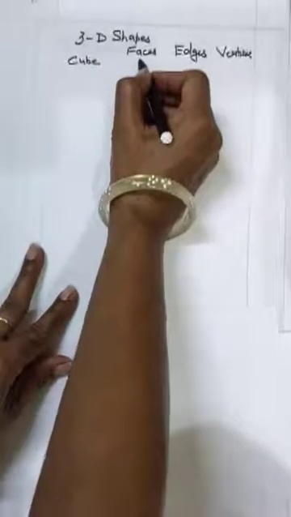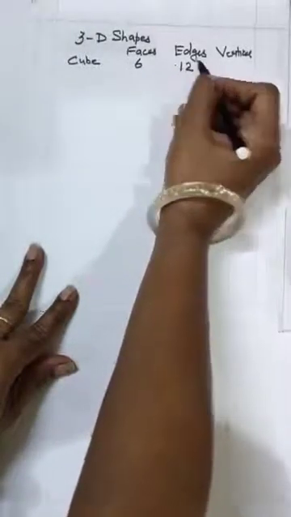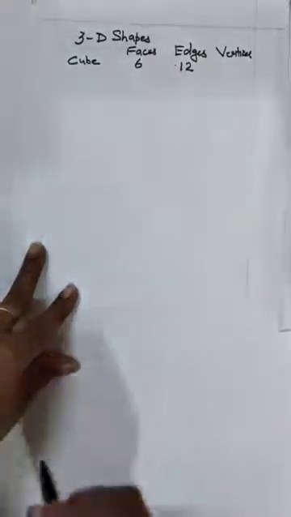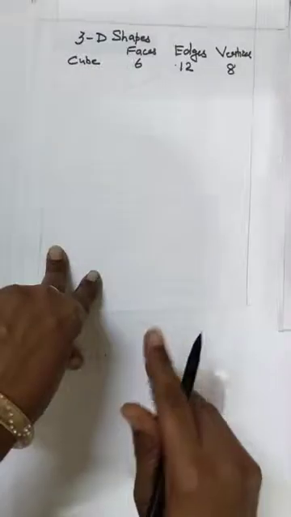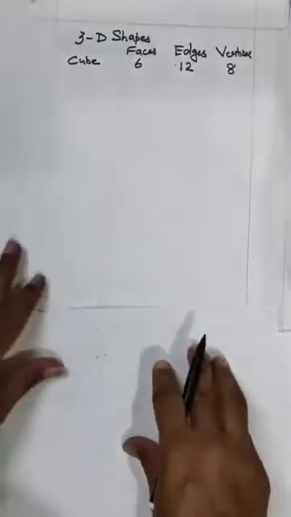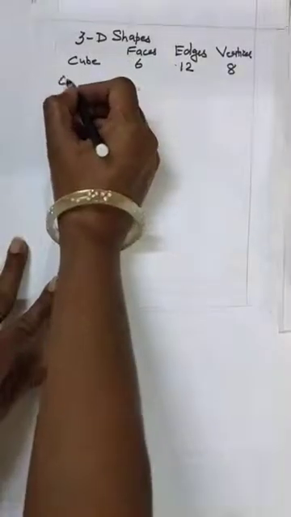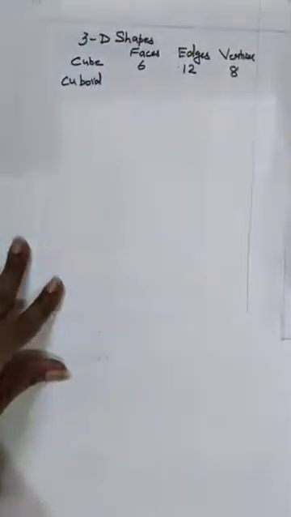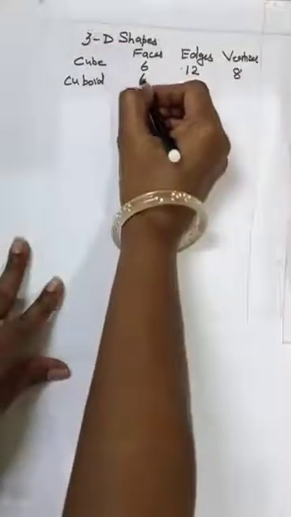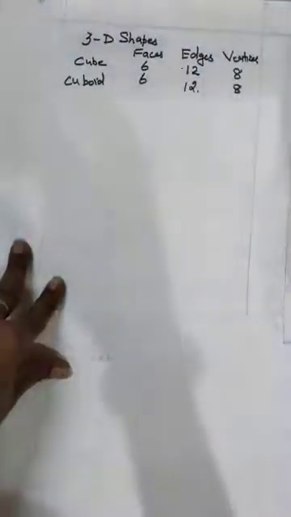A cube has 6 faces, 12 edges and 8 vertices. Same in the case of cuboid also. Cuboid also has 6 faces, 12 edges and 8 vertices.